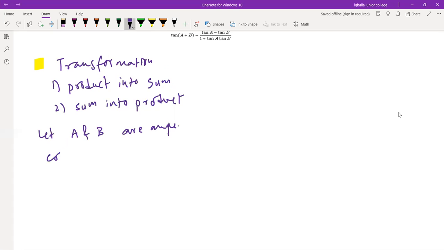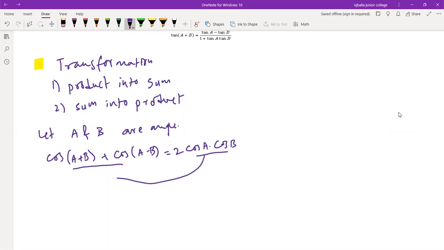Then if I have cos(A+B) plus cos(A-B), these compound angles, then we will have 2 cos A cos B. This is called product into sum. These two things are in product form and these two things are in sum form.